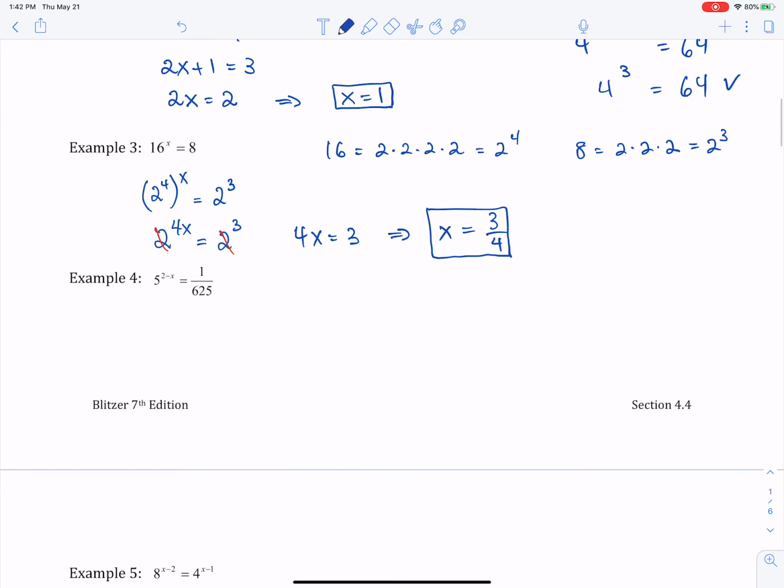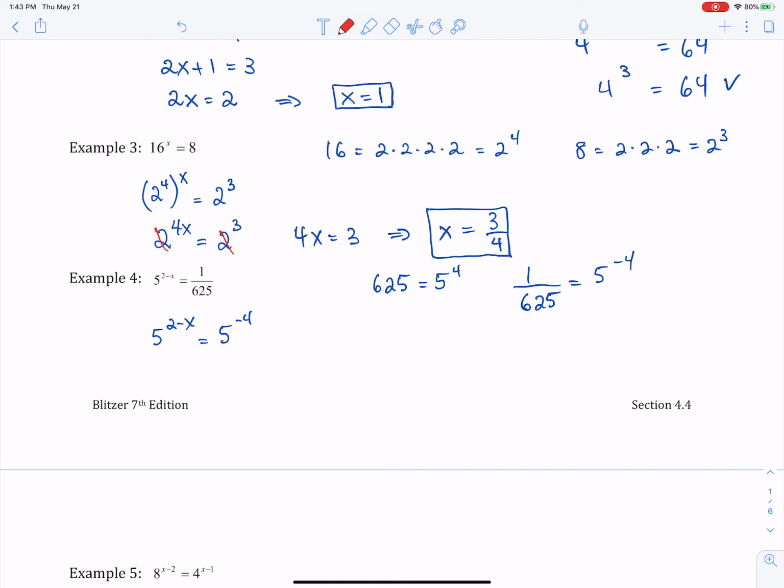Next example. 625 is equal to 25 squared, or 5 to the 4th. So 1 over 625 is going to be 5 to the power of negative 4. So 5 to the 2 minus x is equal to 5 to the power of negative 4.